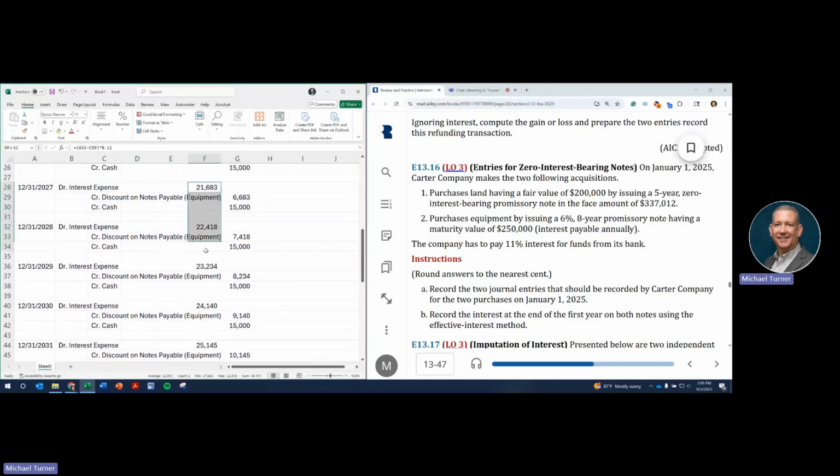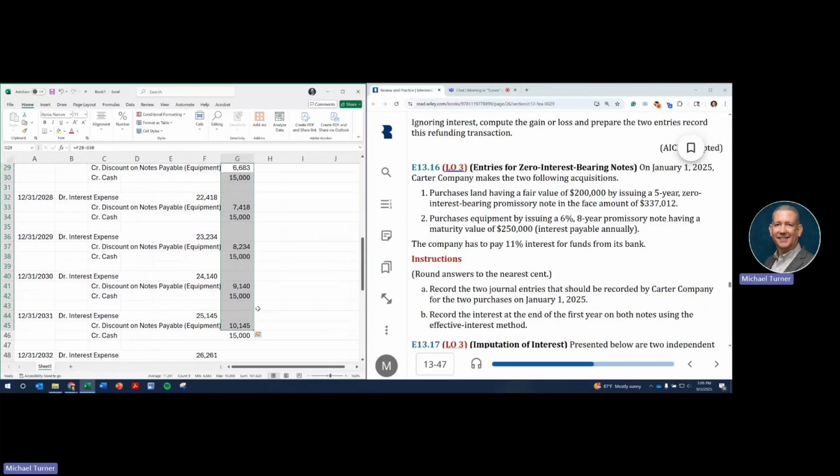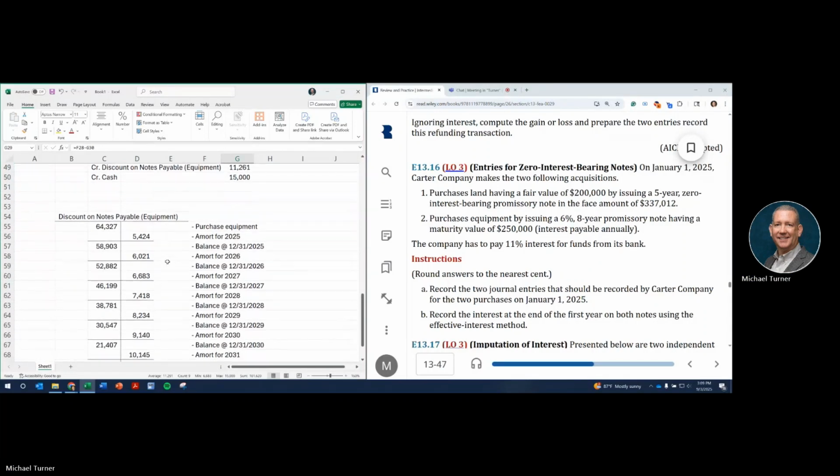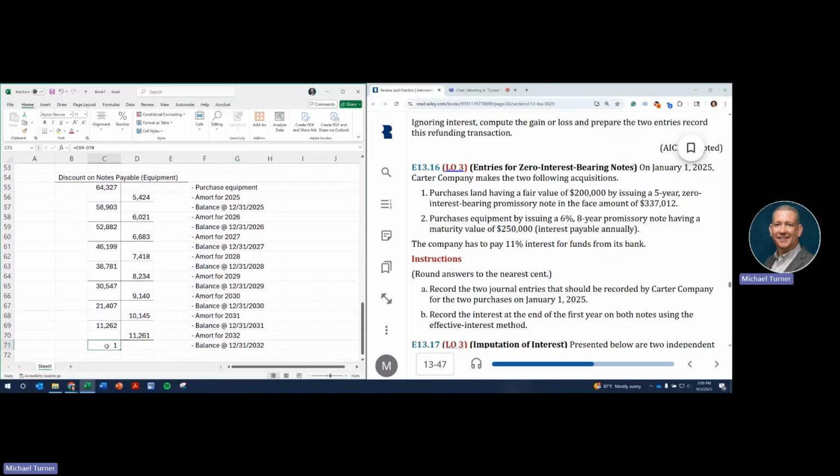And so this column F represents interest expense for each year. And this column represents the amount that was paid in cash as it was compared or related to the amount of amortization of the discount. And note that T account that it ends up effectively at zero at the end of the 8 payments of interest at the end of the 8-year term.